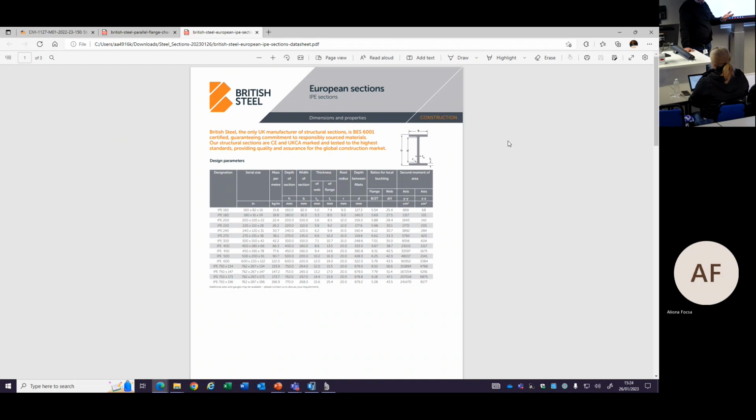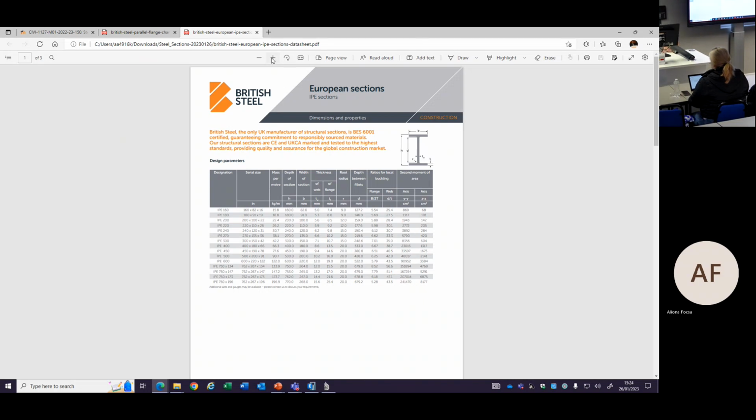It's a PDF. So in the design offices, it's usually more convenient to have the booklets beside your hand just to take a look at. It's easier probably than the PDF, but it has the properties for this kind of section, which is called IPE. It's a kind of I section, isn't it?